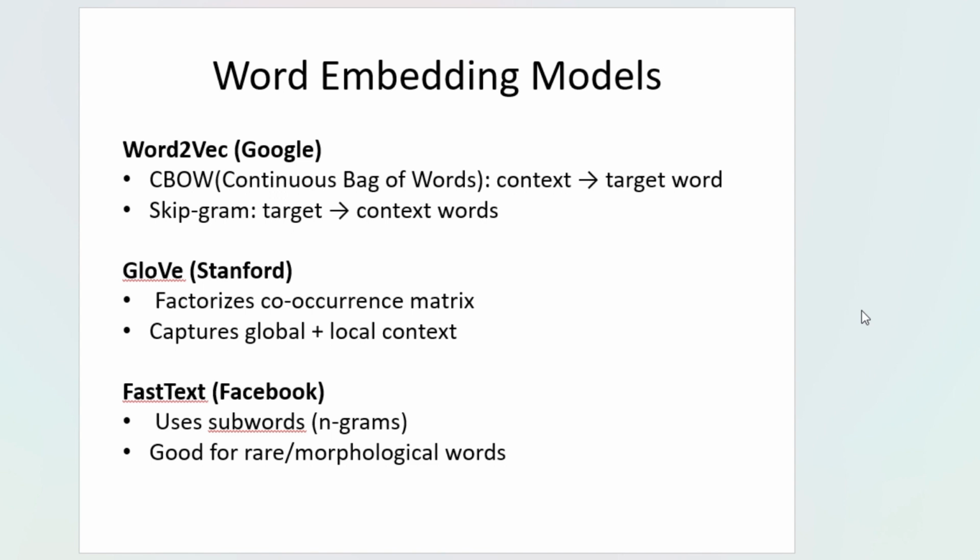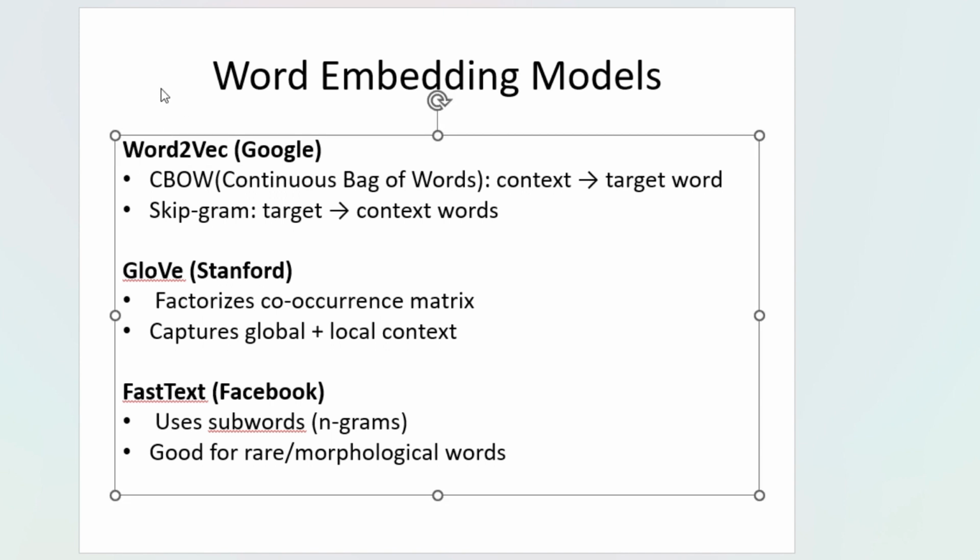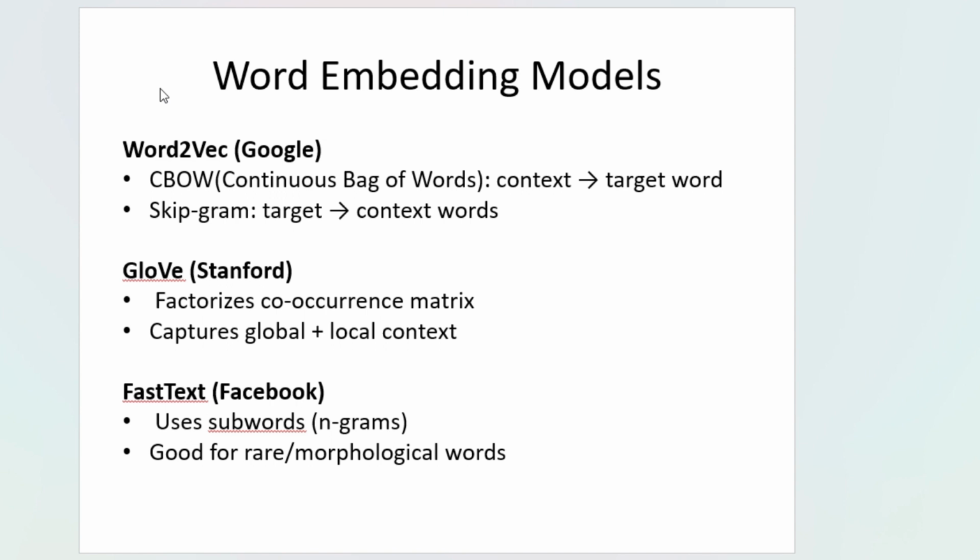Word embedding models. How do we build the word embedding of a particular word? There are some tools that generate the vectors for particular words. Here you have three main word embedding models. First is Word2Vec, developed by Google.